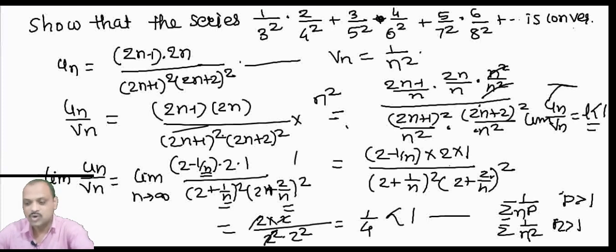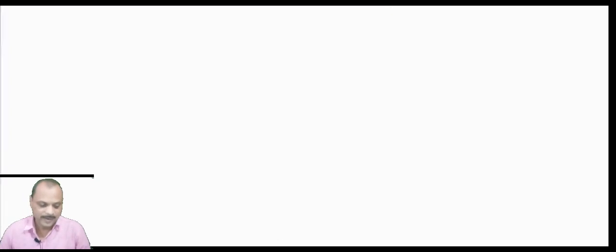Let us take one more example of this comparison test, and this is a very used one. We have seen the limit of this trigonometric series. We are familiar with the trigonometrical formulas.